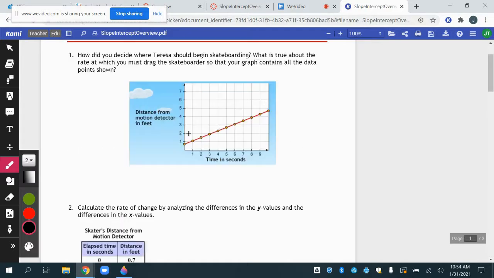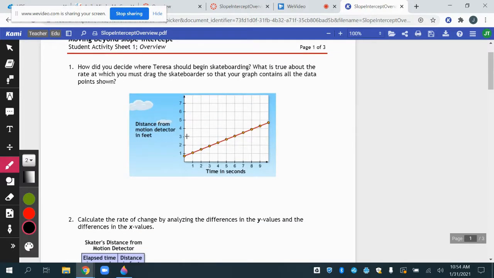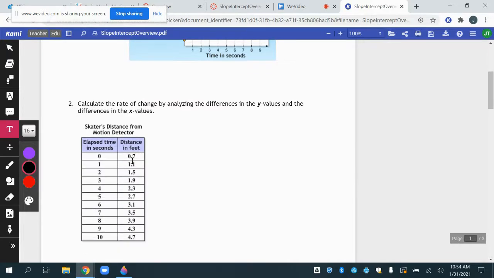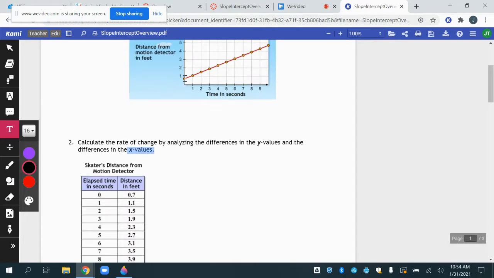Okay. So how do you decide where Terrence should begin skateboarding? Well, at the beginning, at time 0 in seconds, she has to be just a little bit less than 1 foot. It said 0.7, right? That was the first number in the graph right here. So I knew I had to start around 0.7 feet from the thing.